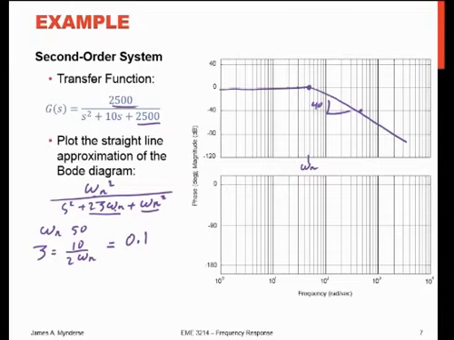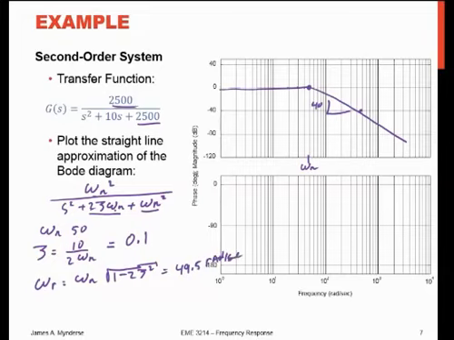I know the frequency of the peak, omega r, equals omega n times the square root of 1 minus 2 zeta squared. If I plug in the numbers and turn the crank, I get 49.5. And in decibels, that is, oh no, that's the frequency, radians per second.